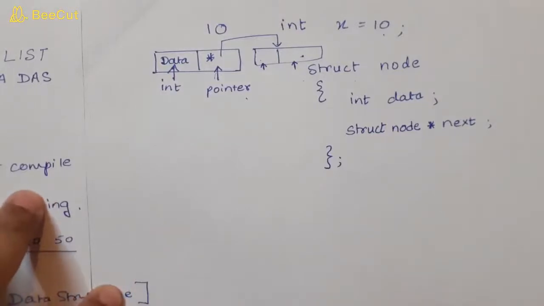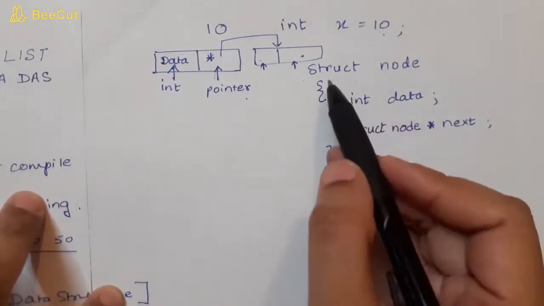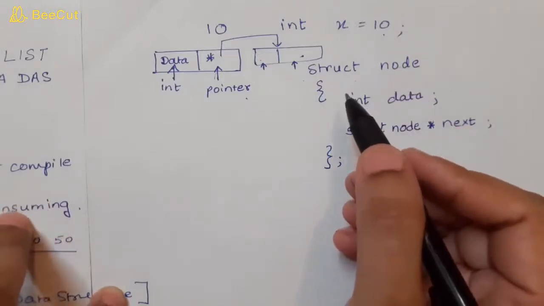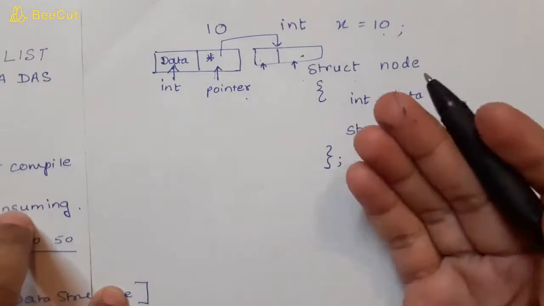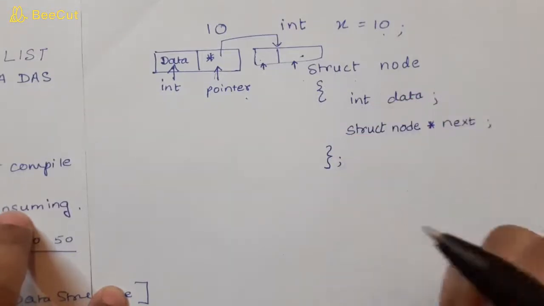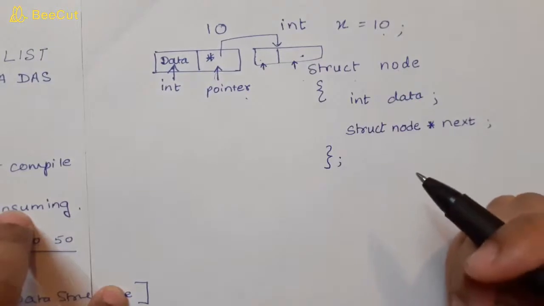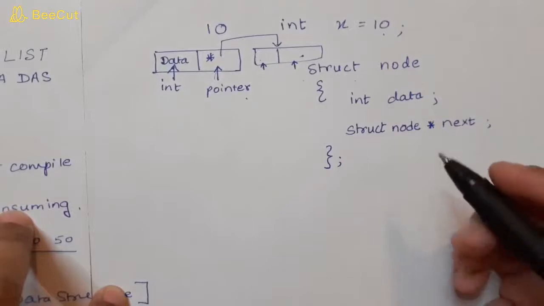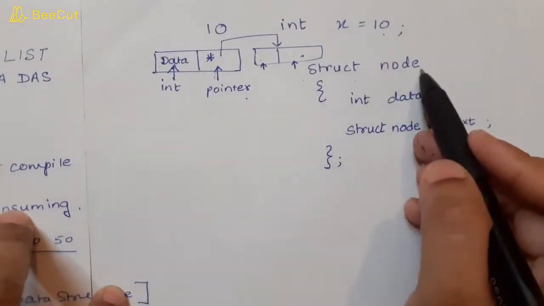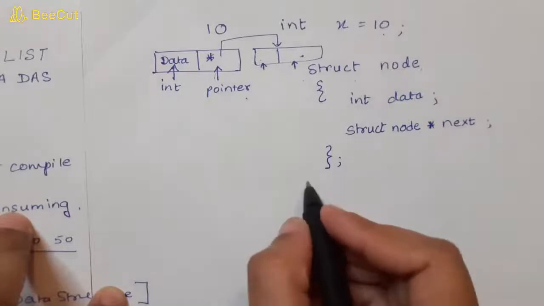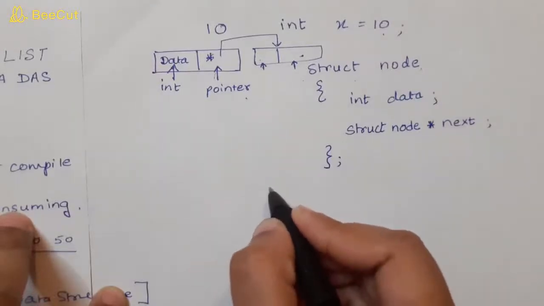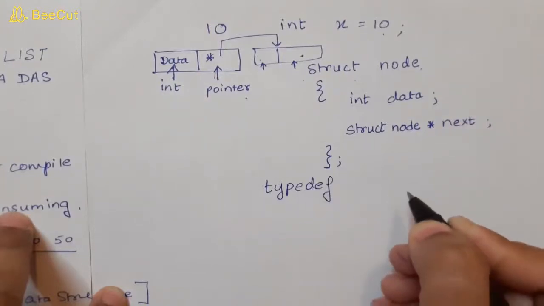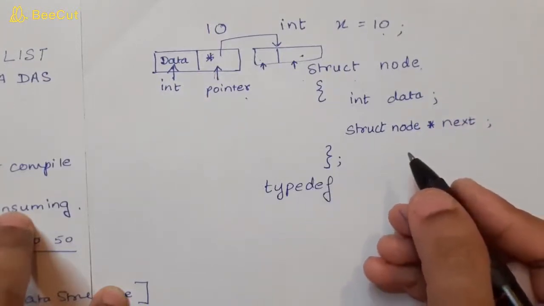Now one more thing I'll discuss: because we have to use this struct node again and again, whenever you give memory allocation to a particular node, we have to use malloc for that. And whenever you use malloc or create any new node, you need to create a pointer of struct node type. So for that we'll use typedef. Typedef is used to create an alternative name for any data type.